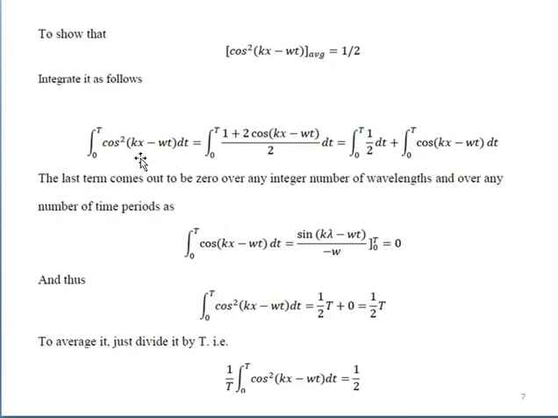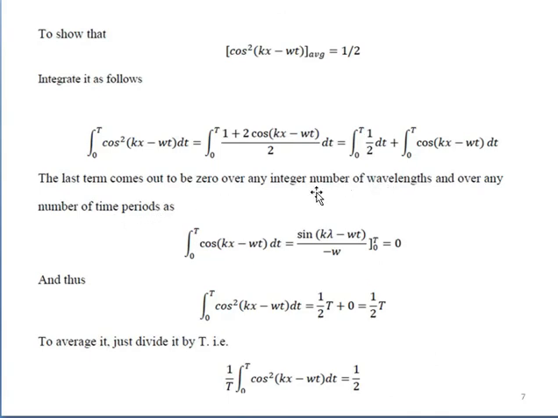Whenever you have cos squared or sine squared in an integral, break it to a single power, that is use the angle identity, 1 plus cos 2(kx minus omega t), divided by 2, into dt. Now there are two terms, the 1 over 2 dt and the cosine term. The last term comes out to be 0 over any integer number of wavelengths and over any number of time periods.